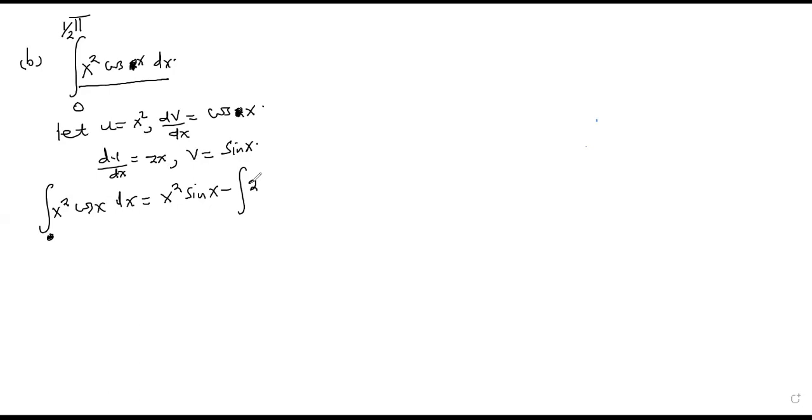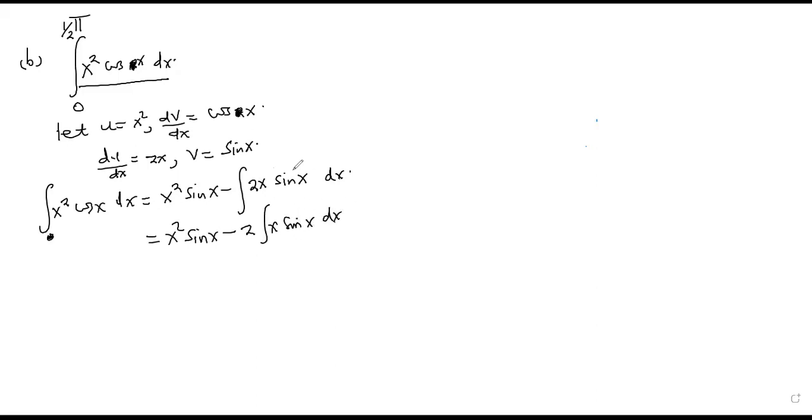So it is 2x sine x dx, of which it is going to be equal to x squared sine x minus, I can move out 2, integral of x sine x dx.